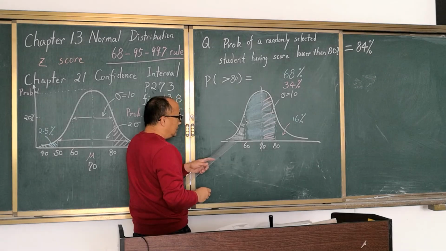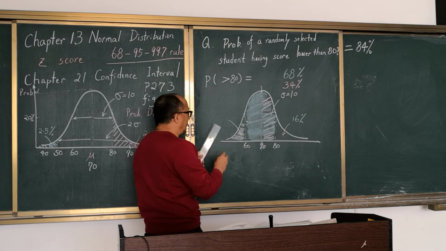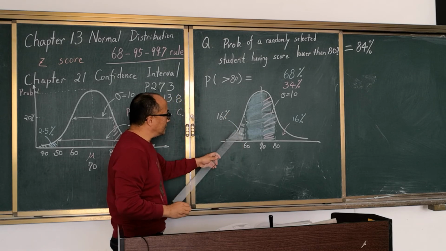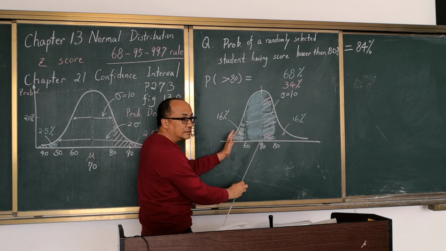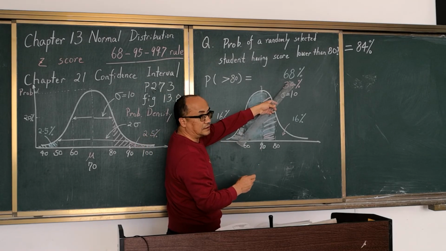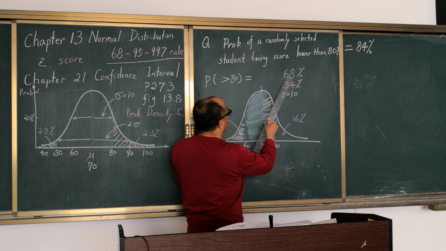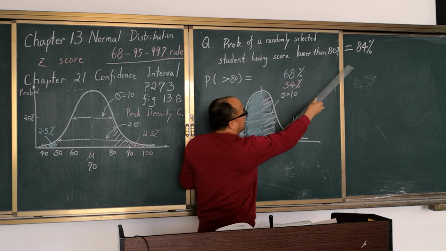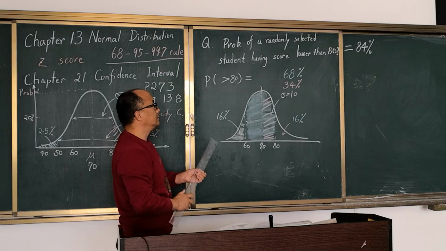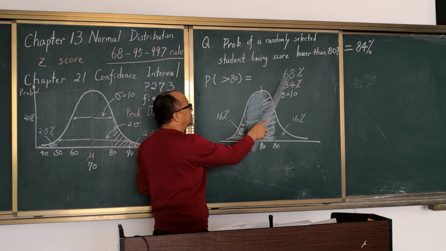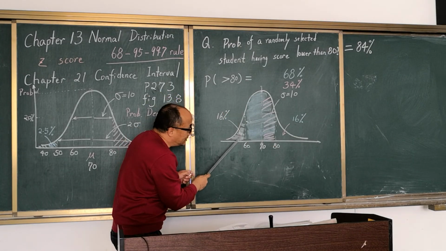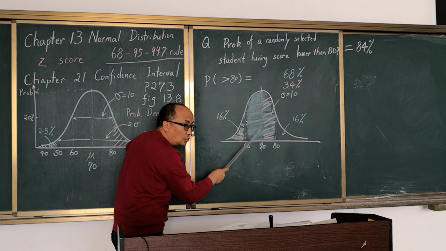Symmetric, okay. 16%. 16% plus the blue one, 68%. 68 plus 16, that is 84%. This one plus this one, that is the 84%. Is this plus the blue.